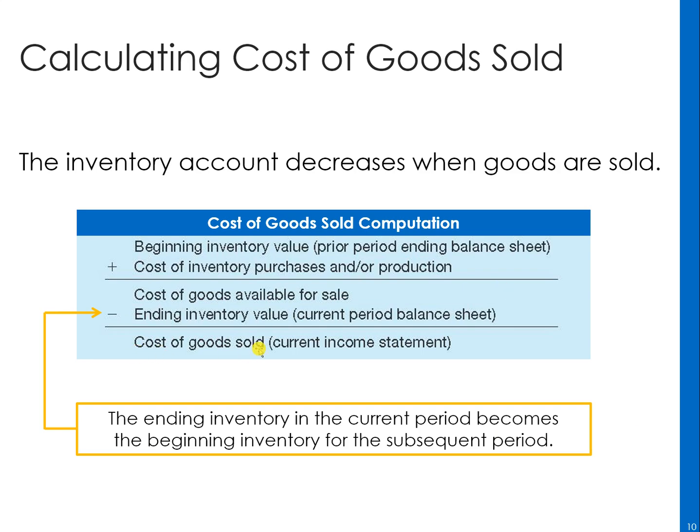This is typically used by periodic inventory system. But for most companies, we are using perpetual inventory systems, so the cost of goods sold and the cost of inventories are recorded in real time, transaction by transaction. However, this formula is still useful to calculate cost of goods sold.